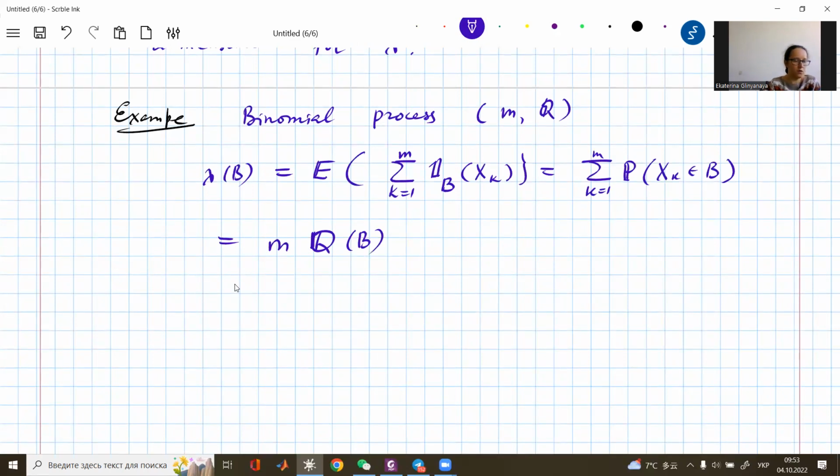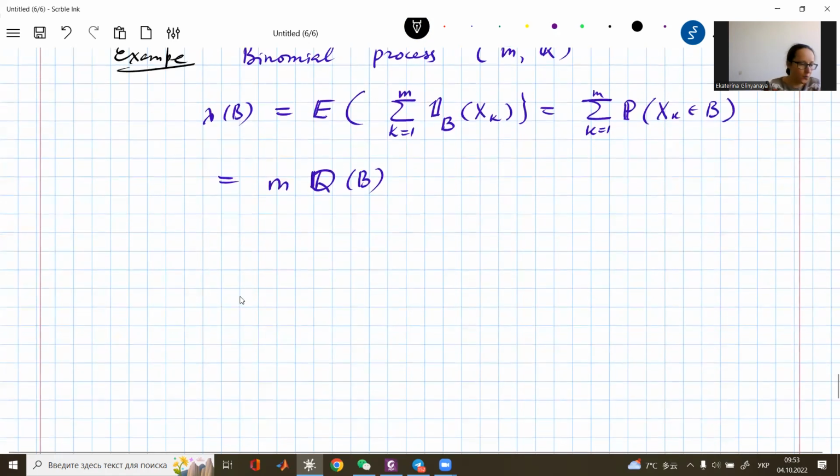And now let us consider the Campbell formula. This formula generalizes the example that we considered. What do I mean?